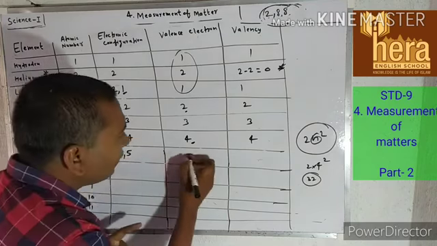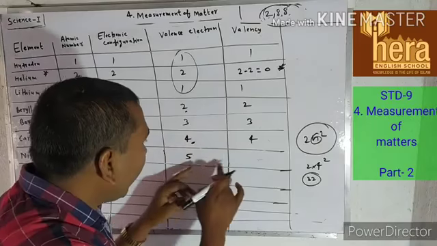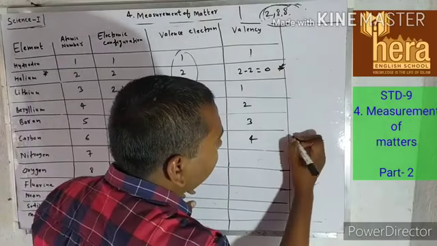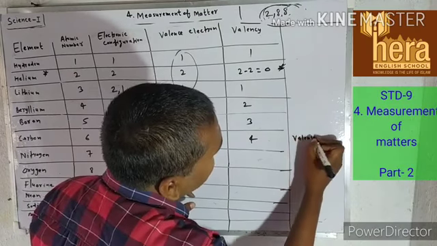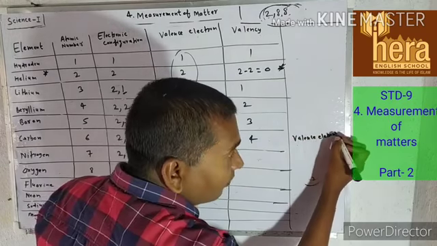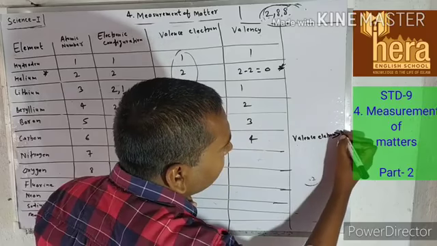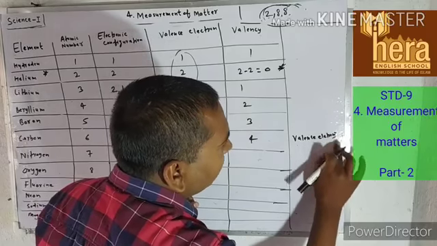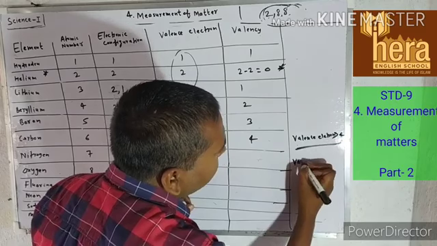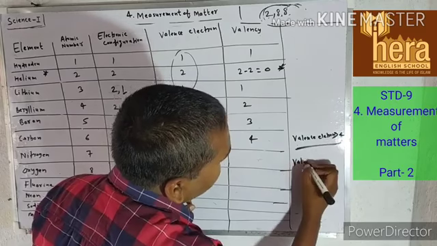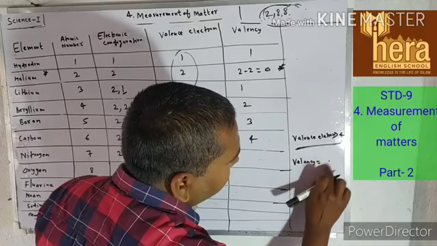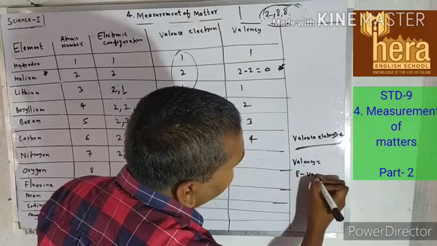Here for valency, remember, if valence electron is greater than 4, in that case, remember, valency will be equal to 8 minus valence electron.